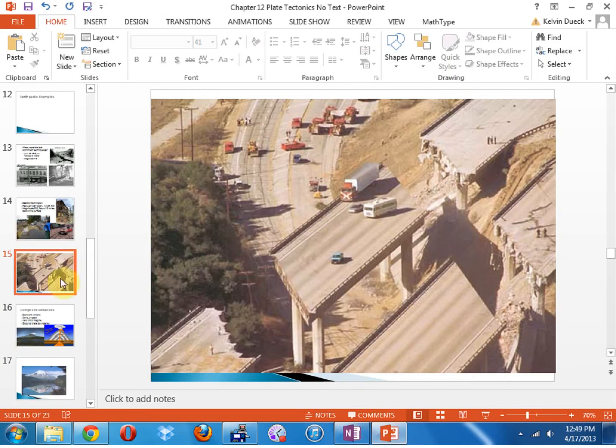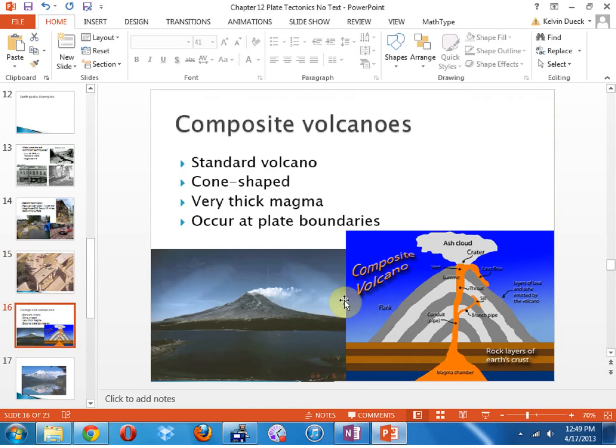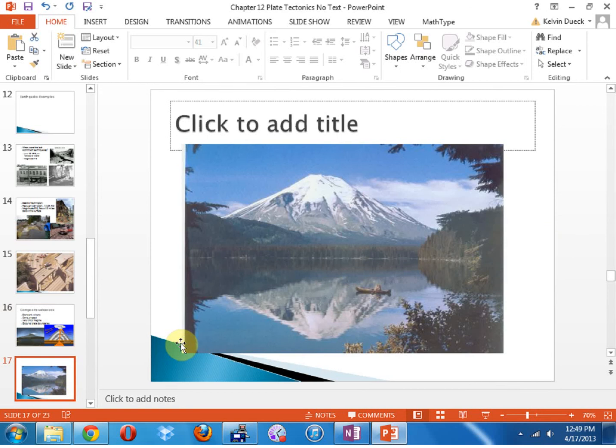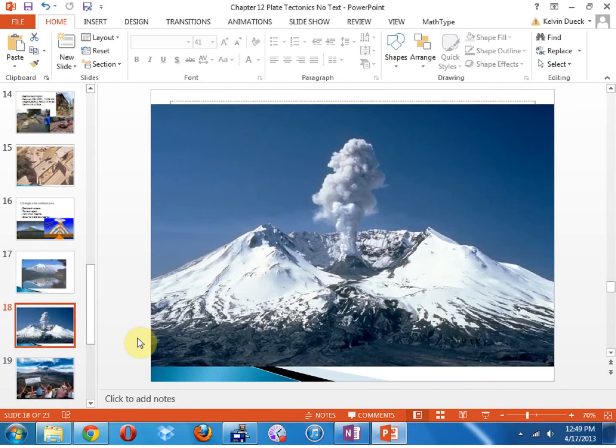Pictures. So here is a composite volcano. These ones tend to erupt quite violently because the way they're set up, it is entirely possible for this passageway to get blocked by rock if it hardens, and for the pressure to build and build and build and build, so that you go from lovely, lovely to that.